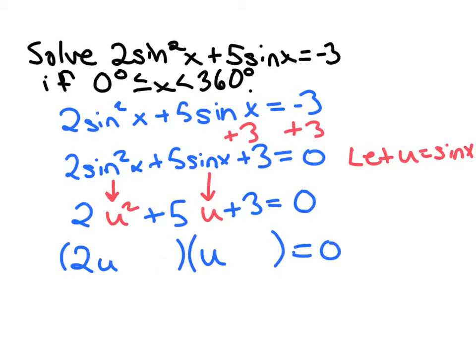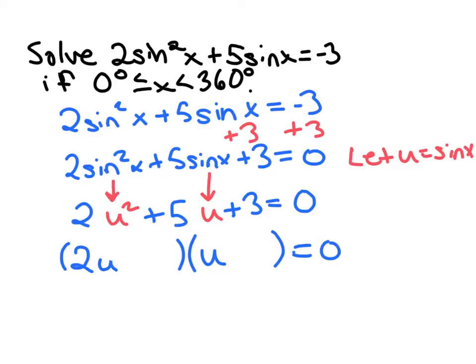Now the outside-inside part, if you're used to the FOIL method, is where you should get the positive 5u, when you multiply the outside terms and the inside terms and add them.